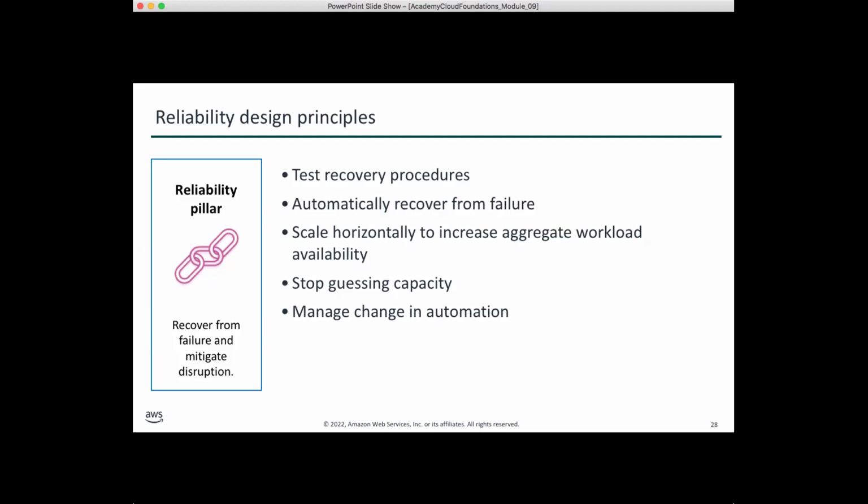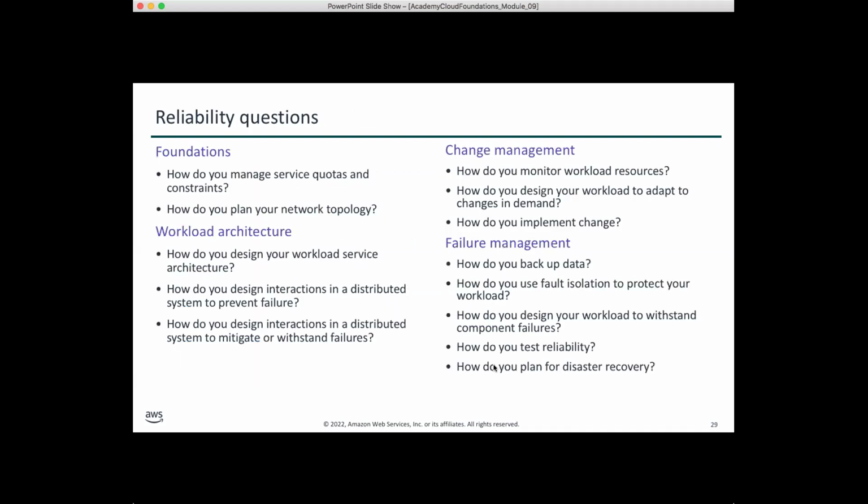Again, manage change in automation: automate everything in cloud. Use automation to make changes to infrastructure and manage changes automatically. This is what the reliability design principles tell us.